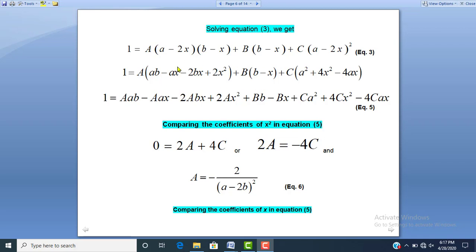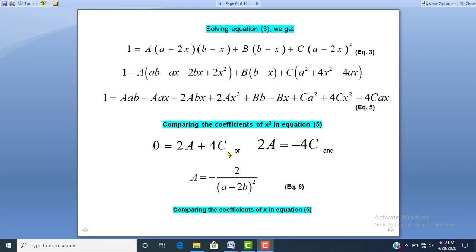Dear students, in this equation 5, just compare the coefficient of x square. Where is x square? Here, this is x square. Where is the next x square? Here, 4cx square. So in equation number 5, if we compare the coefficient of x square, the left hand side will be 0, and the right hand side will be 2a plus 4c, because the other x square terms cancelled out.